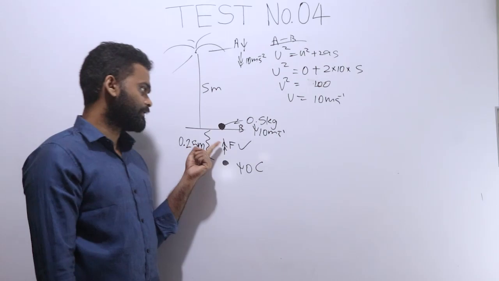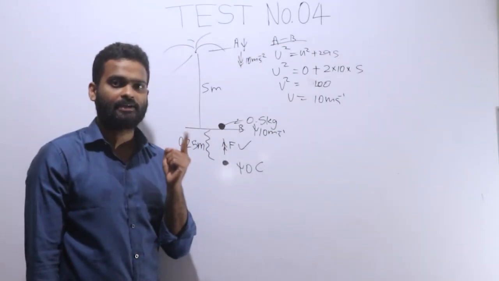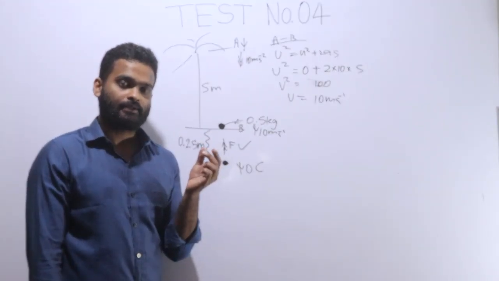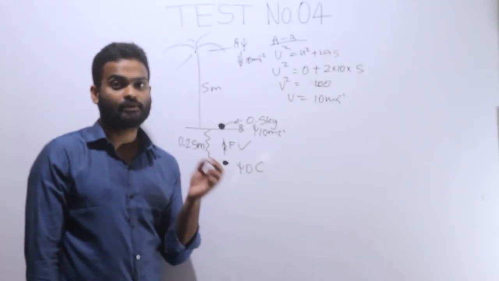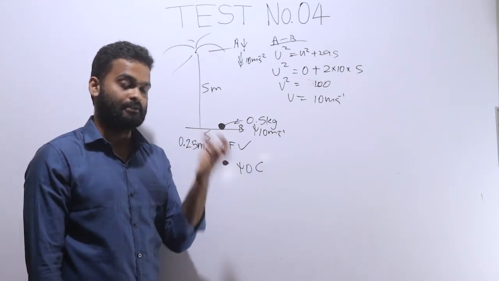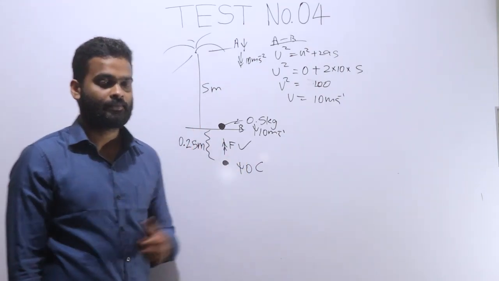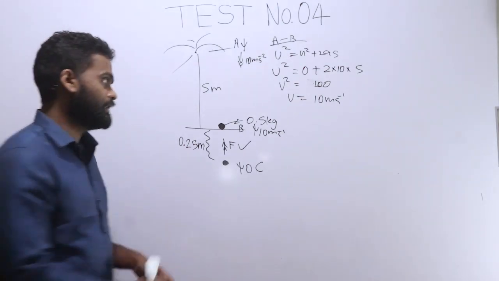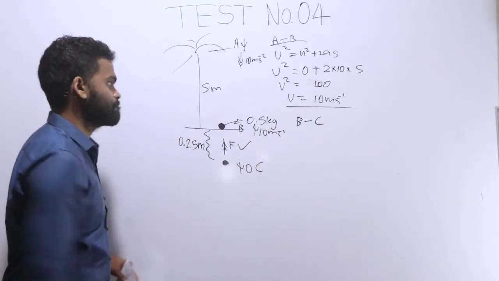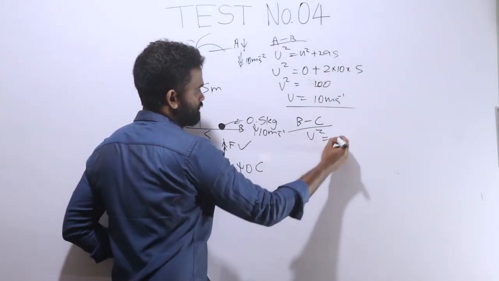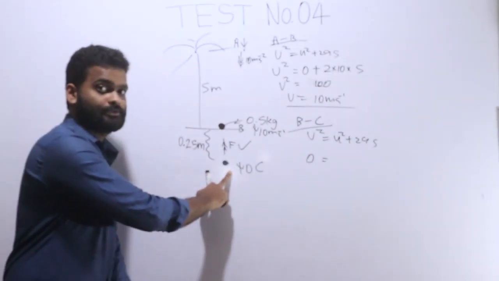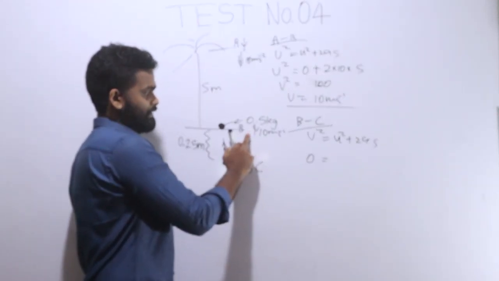So in order to find this resistive force, I'll apply Newton's laws, F equals ma. First we need to figure out the deceleration caused by the ground, the deceleration of the coconut inside the ground. For that as well, I will apply the linear motion equation, but from B to C. The final velocity here is 0 since it stops, the initial velocity at B is 10.